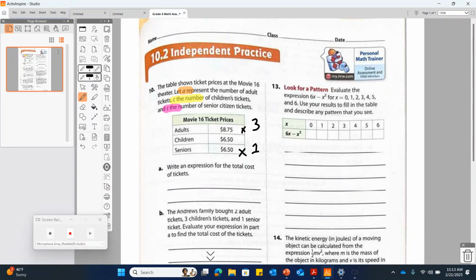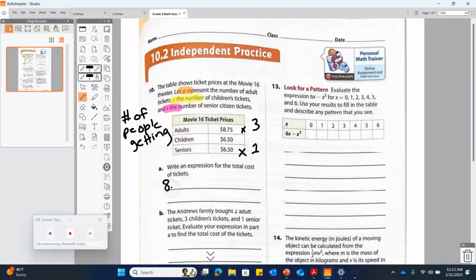And because the number of people getting tickets changes, that's our variable. And we could have adults, we could have children, or we could have seniors. So with all this background information, an adult ticket is $8.75.